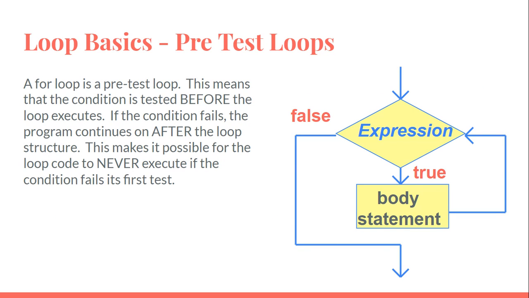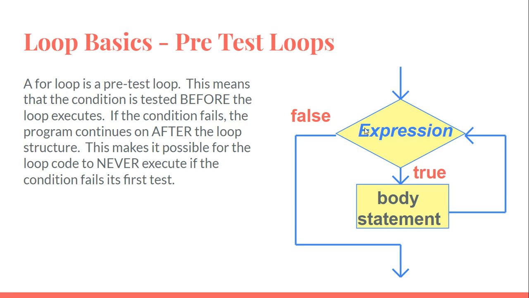Okay, so a for loop is a pre-test loop, and that means that the condition is tested before the loop executes. So we come down here, come down the program, we test the expression. If it's true, we execute the body, we come back around, we test the expression. If it's still true, we come back around. If it's still true, we execute the body, we come back around.